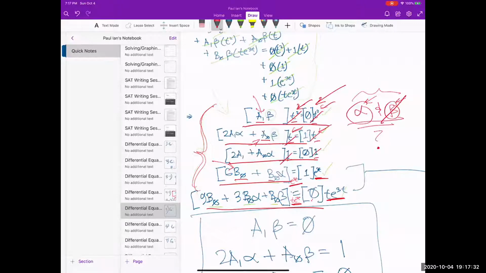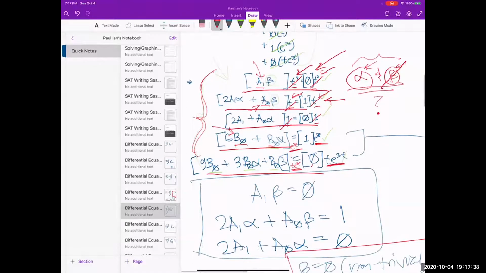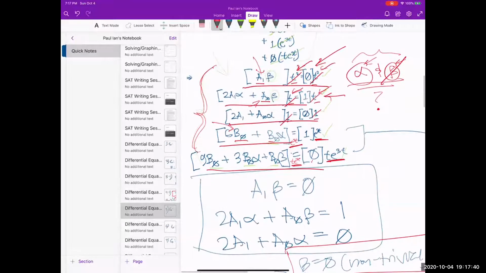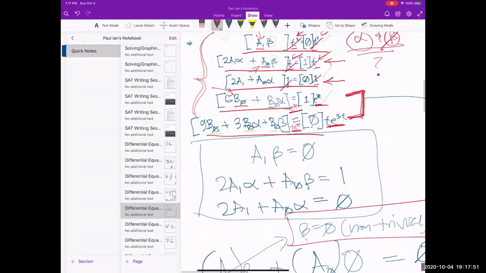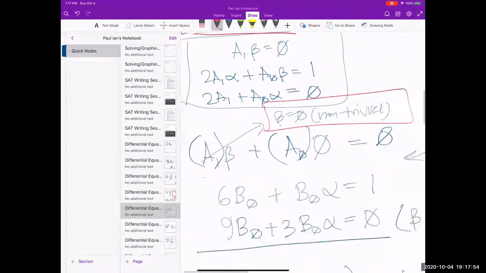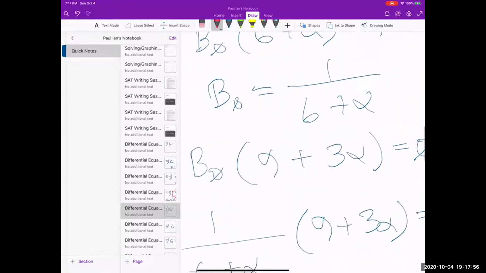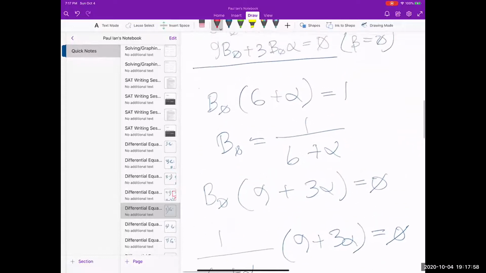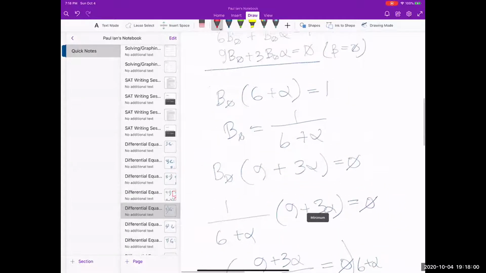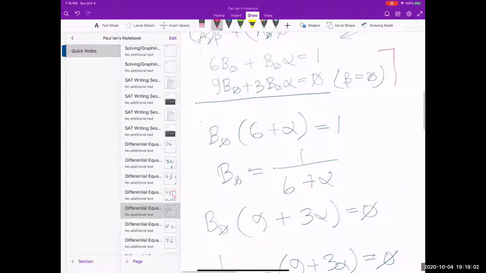The alpha one is a little bit harder. You have to look at whether you can solve for it using the second equation. I couldn't find one in the second one, and I think this one doesn't work either. But when I took a look at these guys, I was able to find an equation, and that's what I did right here.